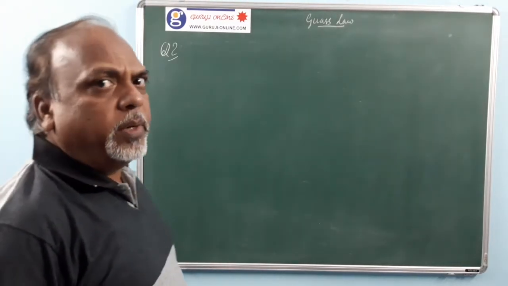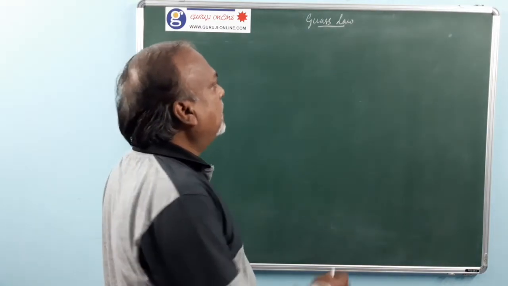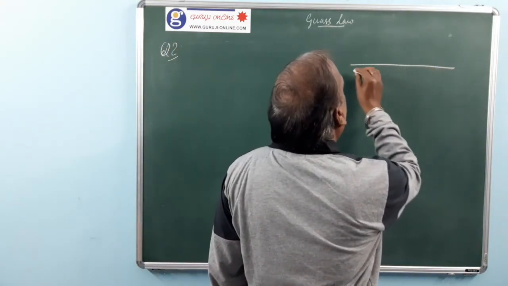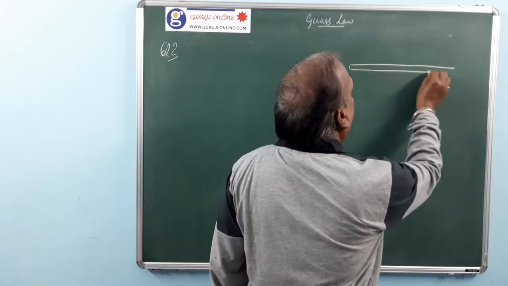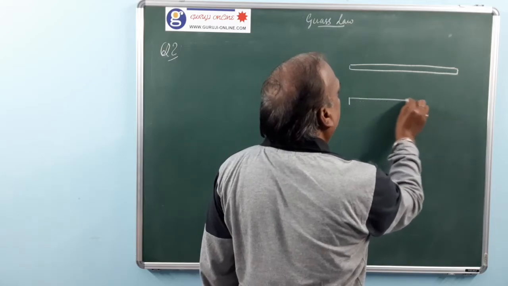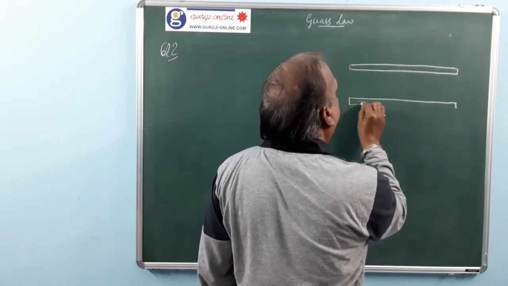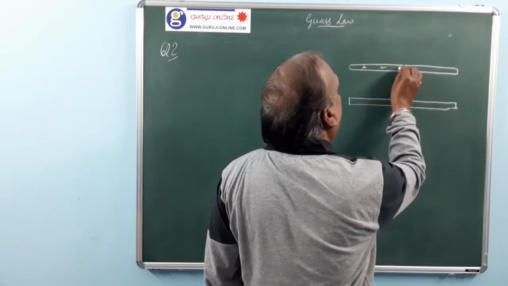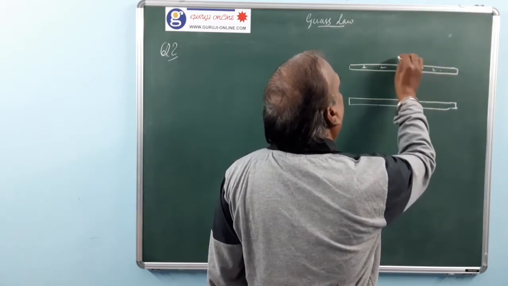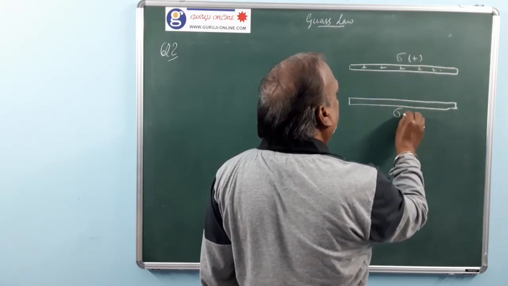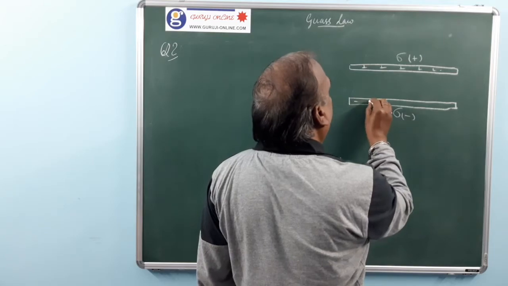Our second problem is like this. You have two non-conducting plates. Here it is sigma plus, and here it is sigma minus.